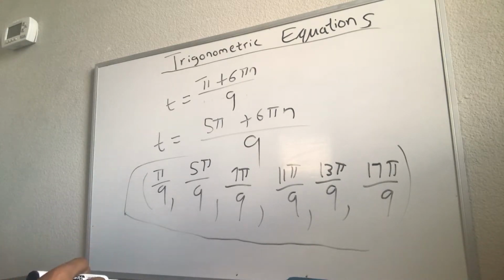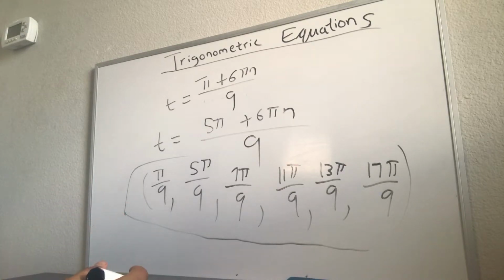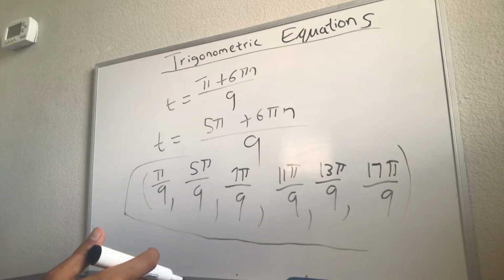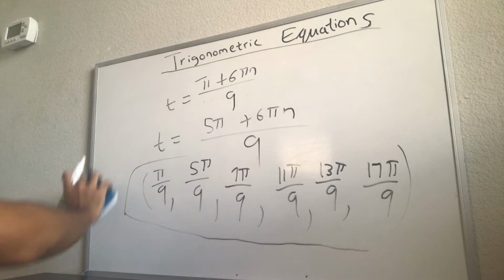So for instance, the value you got plus 2 pi n is equal to 6t or 9t, and then you solve for t from there, and then n is really where you're substituting values in, and you want to make sure that it falls in that domain. So really it has to be less than 2 pi, obviously. So these are our possible values for t in this problem here.